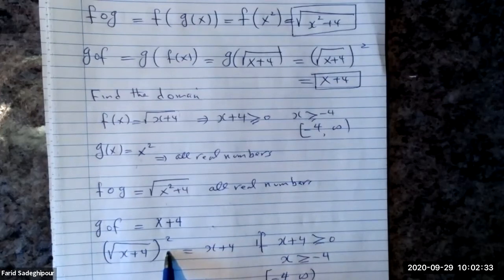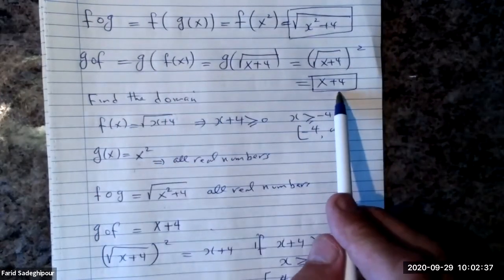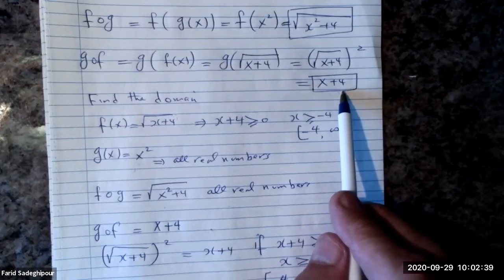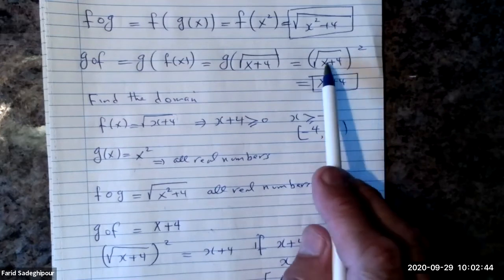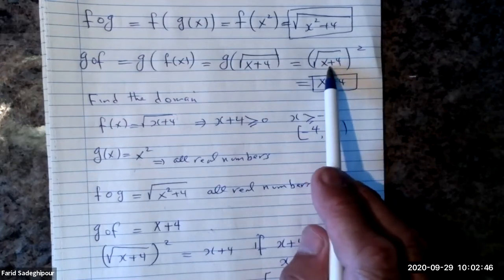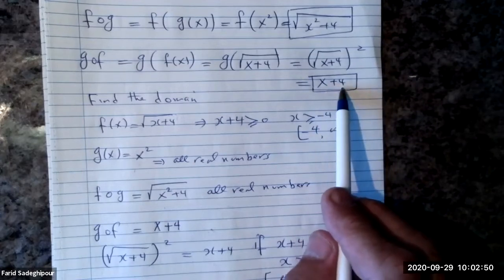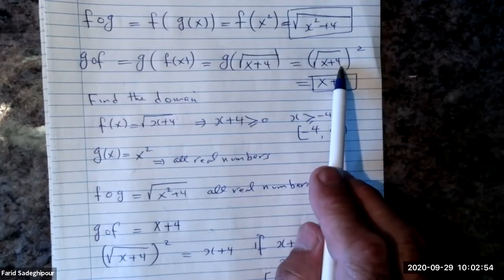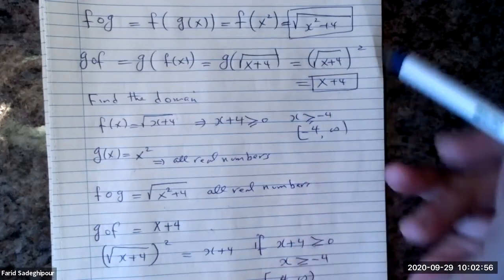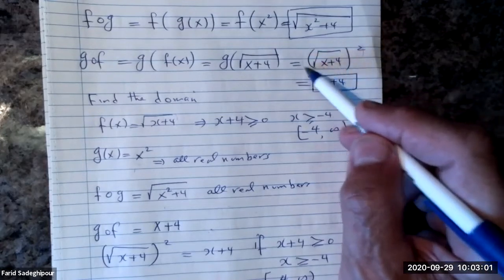This one, you gotta be careful. Look, g of f, the final answer is this, correct? But when you want to find the domain, you gotta be careful. Don't use this, because when you take radical x plus 4 and raise it to the power of 2, it is x plus 4 only in case x is greater than -4. So when it comes to the final answer of the radical, pay attention to this one.